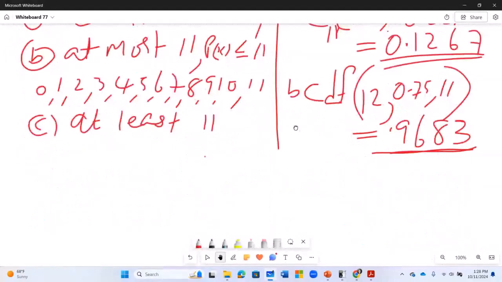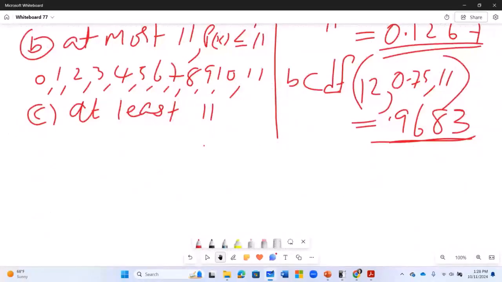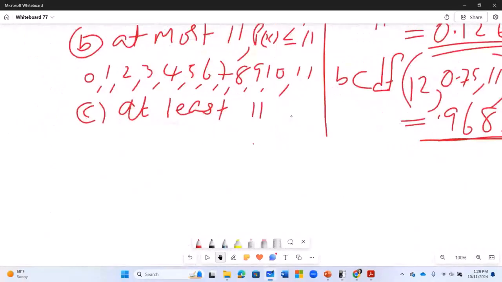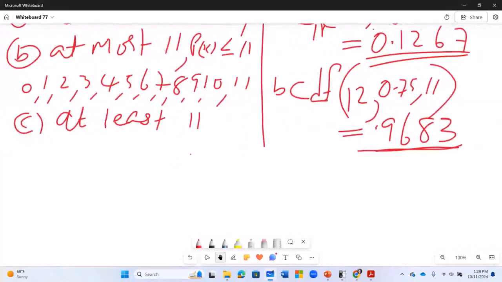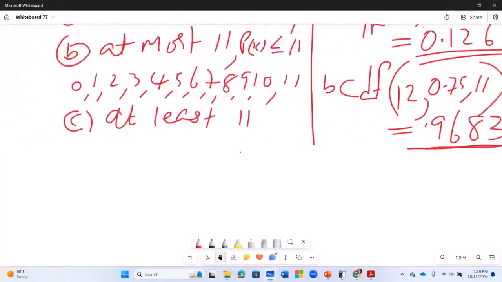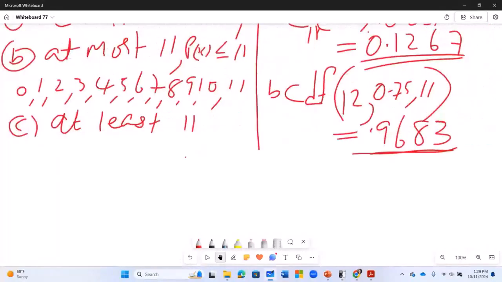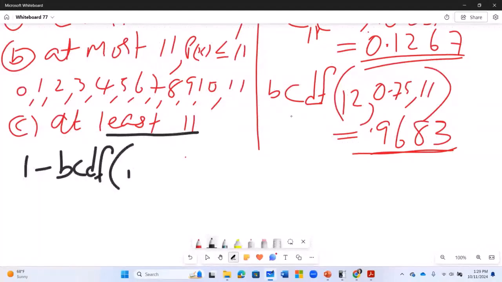So you're going to do 1 minus binomial cumulative density function, with the sample size, the success, and the number has to be 1 less than 11. So it has to be 10.